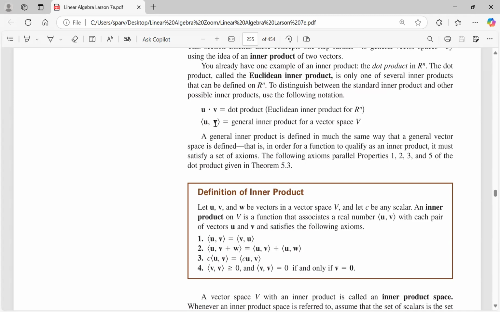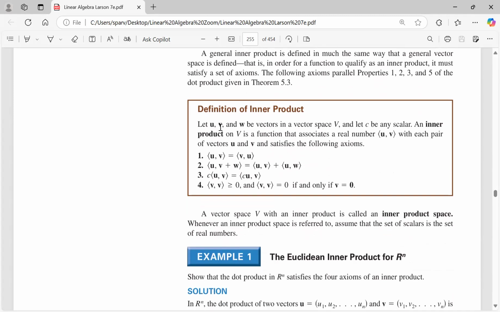Now, what are the axioms? So there you go. This is the definition now of inner product. Let's say we have 3 vectors in a vector space V, and we do have a scalar C. So what is the inner product? The inner product on vector space V is a function. It associates a real number to this dot product.